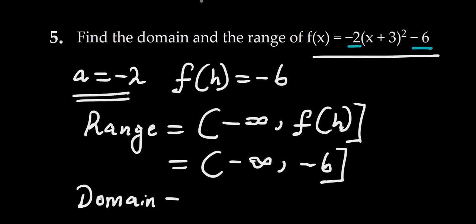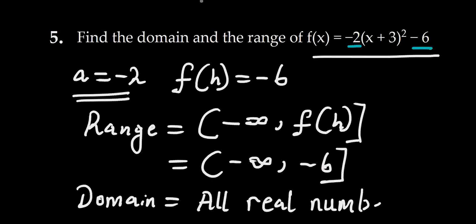The domain for all quadratic functions is the set of all real numbers. So this is the answer to this question. I hope it makes some sense. All right, let's move on to the next one.